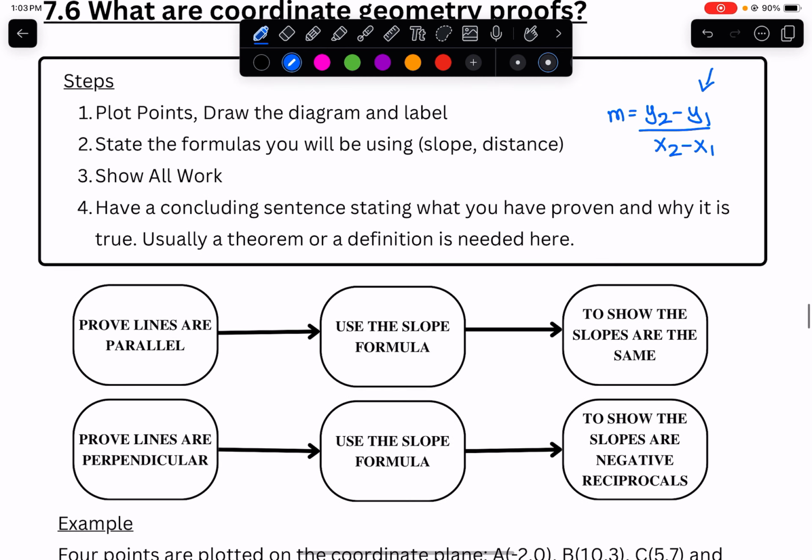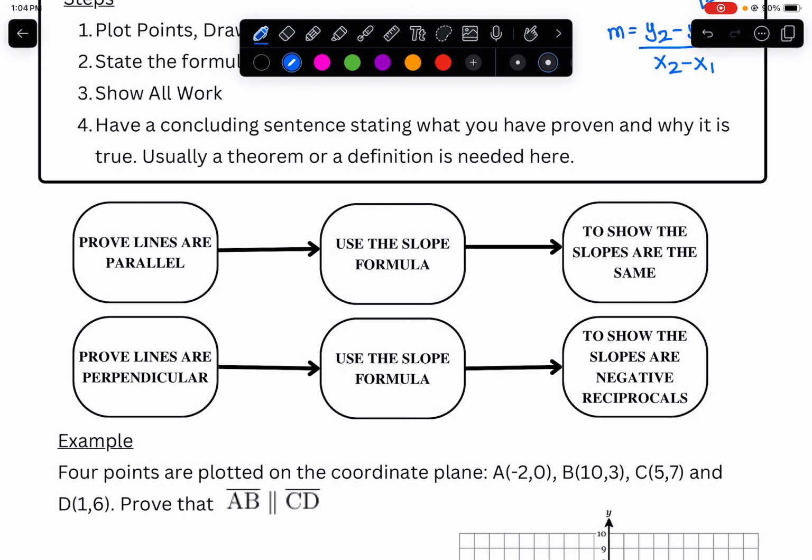Make sure you show all of your work, all of the different steps, and then you have to end this proof with a concluding sentence stating what you have shown and why it is true and proves what you are trying to do. Usually a theorem or just a definition is enough to explain. So for example, if you're told to prove that two lines are parallel, you would then state and use the slope formula to show that the slopes are the same, right?